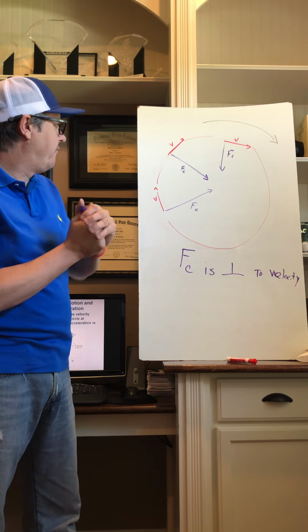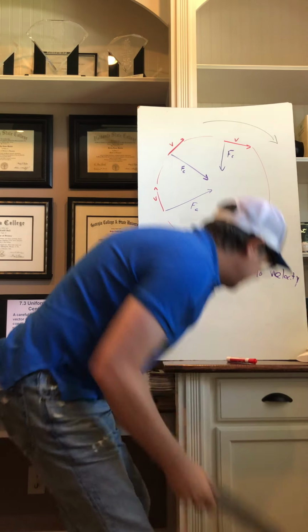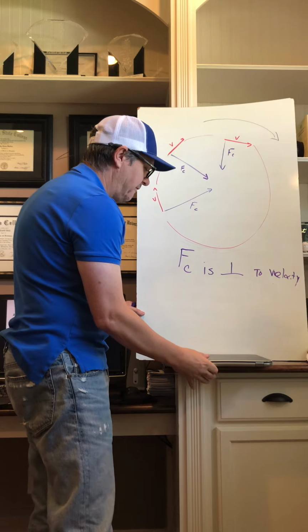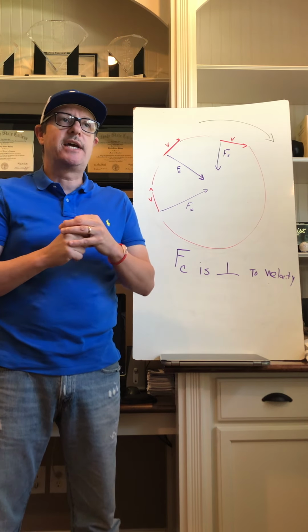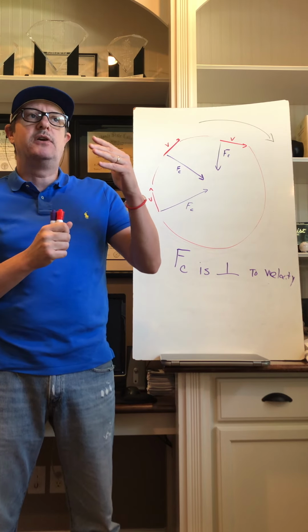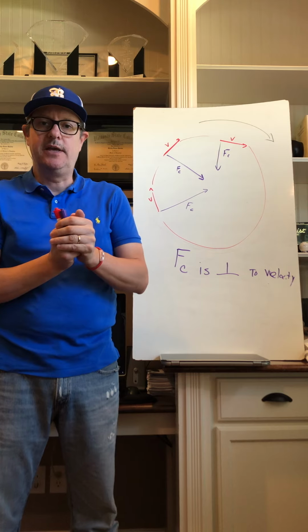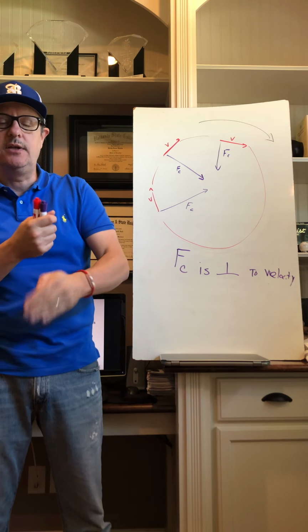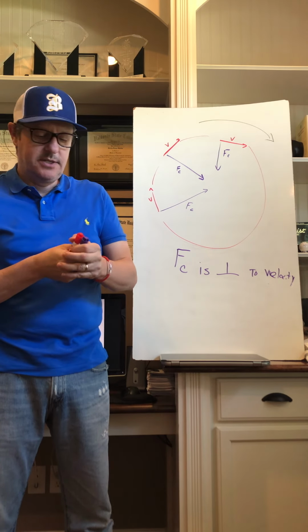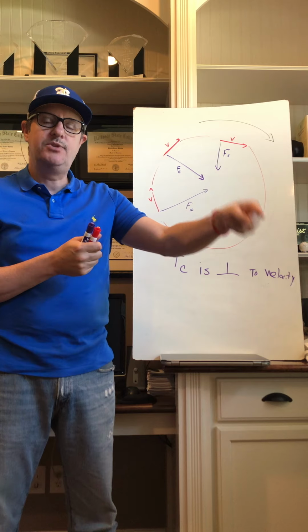So the centripetal force is center seeking, and this goes back to Newton's second law. If there's a net force, by the way, an unbalanced force acting on that object, it is accelerating. If there's an unbalanced force, then there's an acceleration. And hopefully you remember, in what direction will an object accelerate?